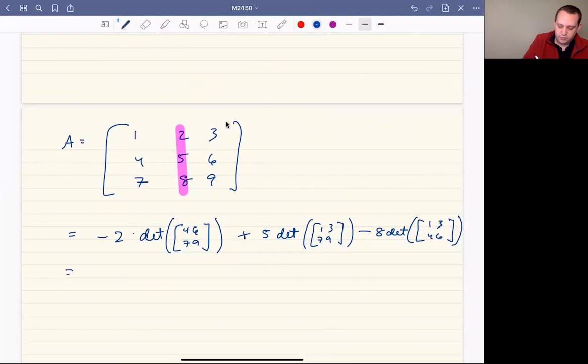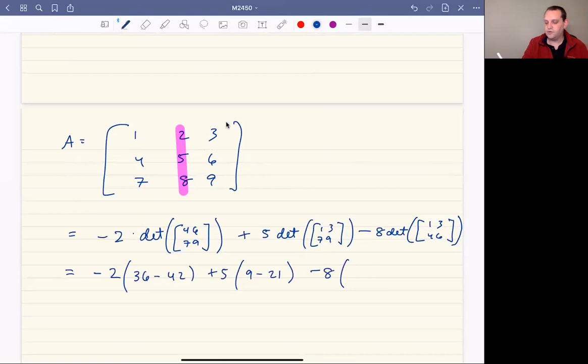And so we can compute that this will be negative 2 times 4 times 9 minus 6 times 7, plus 5 times the determinant of 1, 3, 7, 9. So that'll be 1 times 9 minus 3 times 7, minus 8 times the determinant of 1, 3, 4, 6.